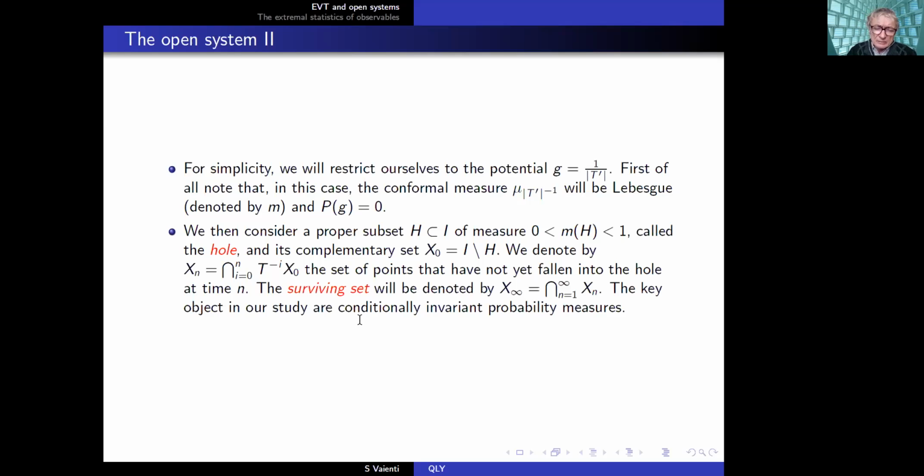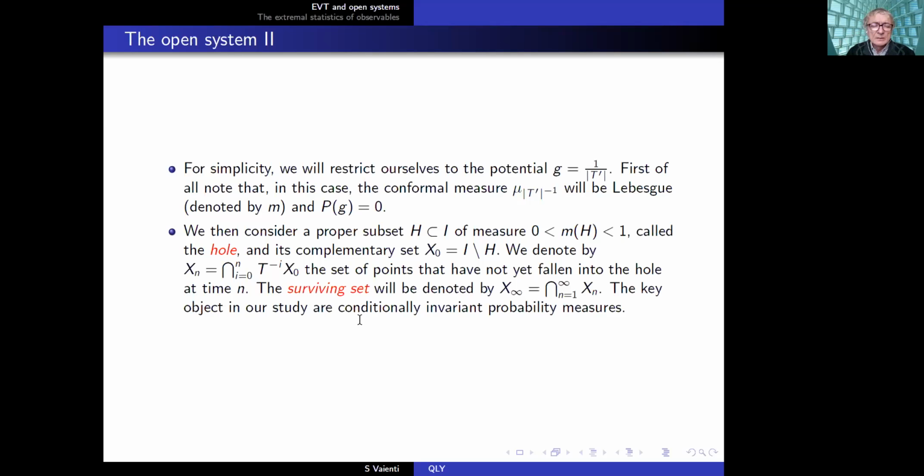But there are other conditions which make the surviving set interesting from the geometrical point of view. In particular, if we take a map of the kind which I showed you before, and provided the hole is sufficiently small, by the perturbation theorem which I evoked before, as a consequence, this surviving set is still interesting and carries very interesting measures.